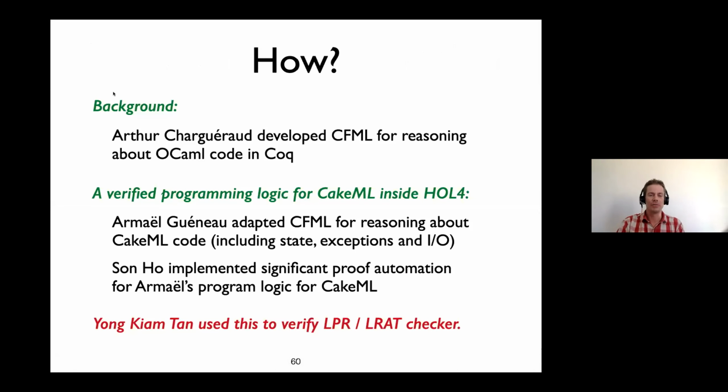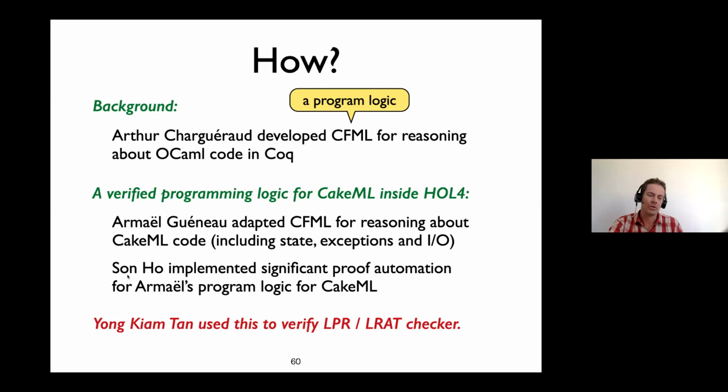And then, of course, I should mention how this was done. So there's a bit of background. Arthur Charguéraud developed CFML, which is a program logic for reasoning about OCaml code in Coq. Coq is a different interactive theorem prover. So an intern, Armaël Guéneau, came and adapted that CFML to CakeML code for HOL4.